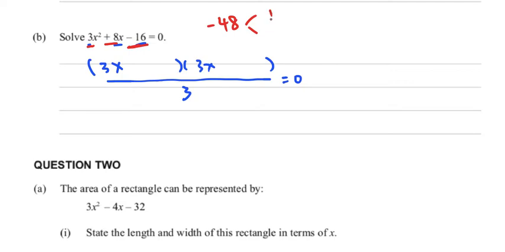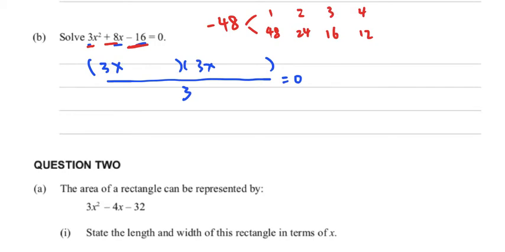We can start from 1 and 48, and 2, 24, 3 and 16 will do as well, and 4, 12, and we probably can stop right here because you can see the answer already. And one of them is going to be negative, right?